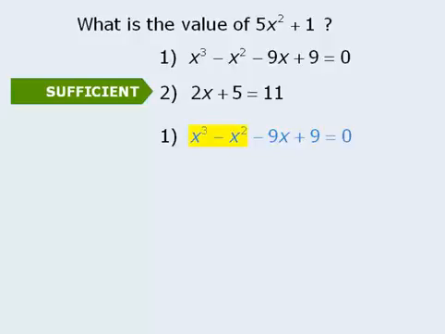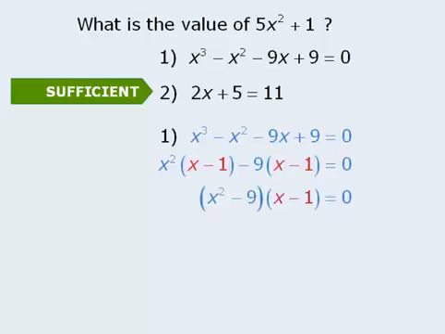Beginning with the first part, we can factor x cubed minus x squared to be x squared times (x minus 1). The second part can be factored as negative 9 times (x minus 1). Now notice that both parts feature x minus 1. As such, we can combine both parts as follows.